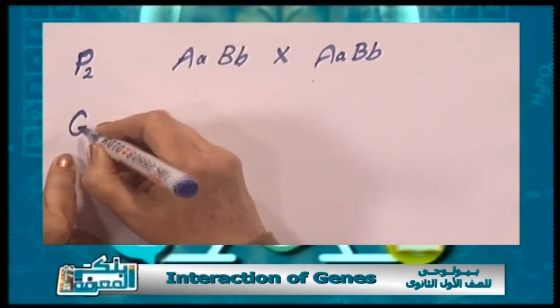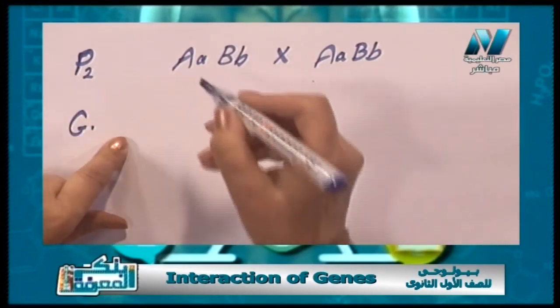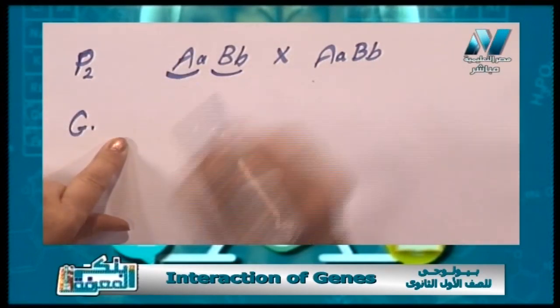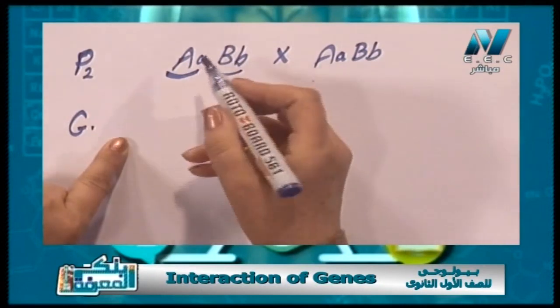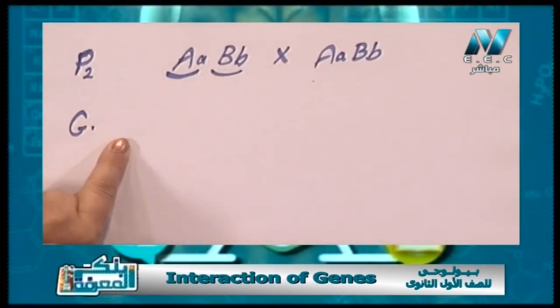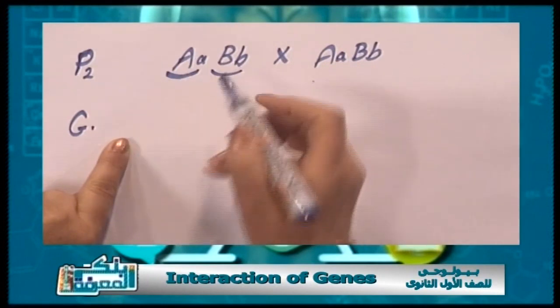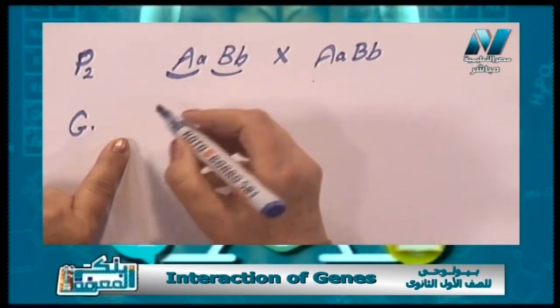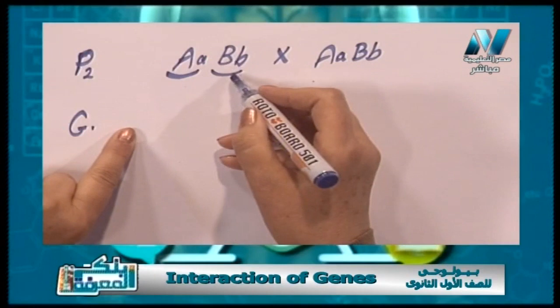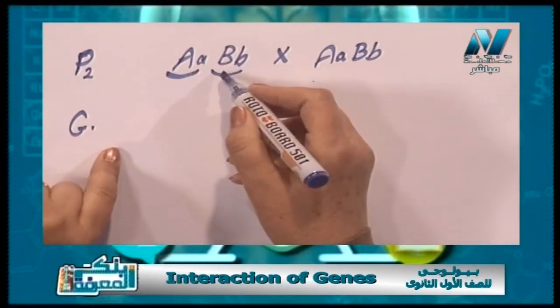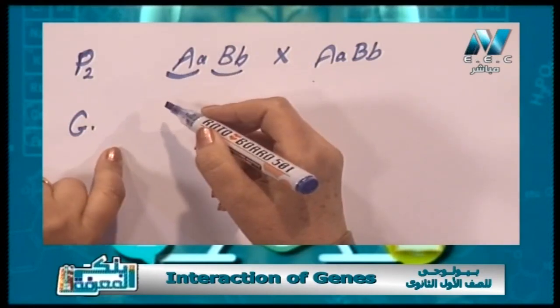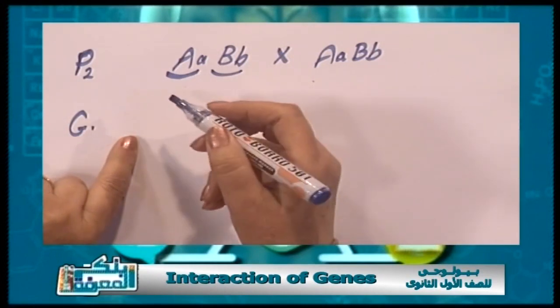And the gametes, as we said, we have two pairs of genes. We will have half of each one, half of the first pair and half of the second pair. But which one? Yes, it goes with the law of probability.